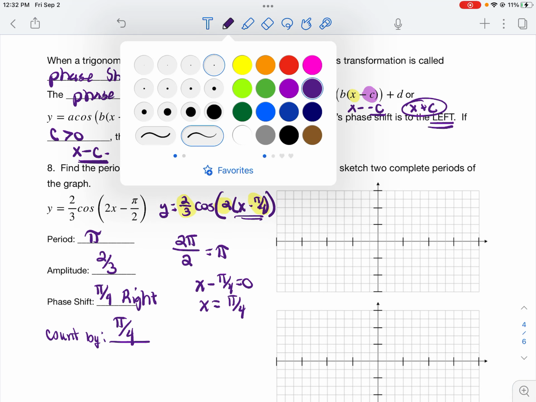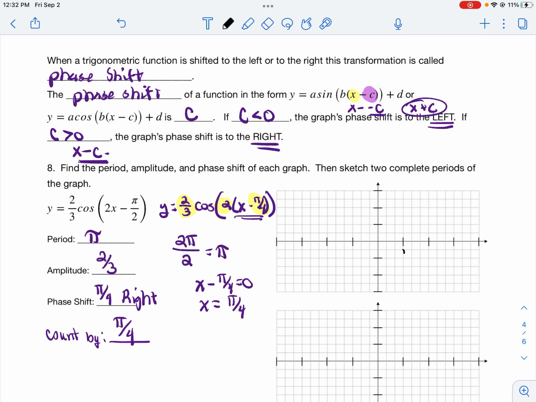All right, so sketching, start with our parent function. So that's pi over 2, pi, 3 pi over 2, 2 pi. Same thing with the negative. Count by 1. Okay, this is the cosine function.